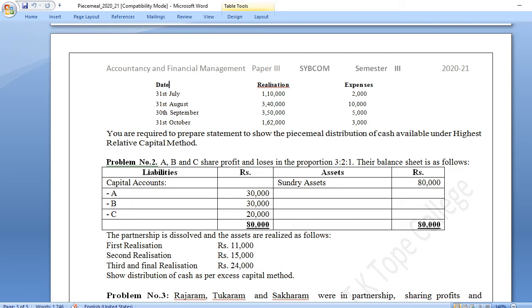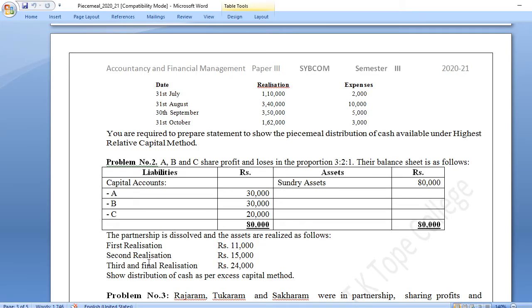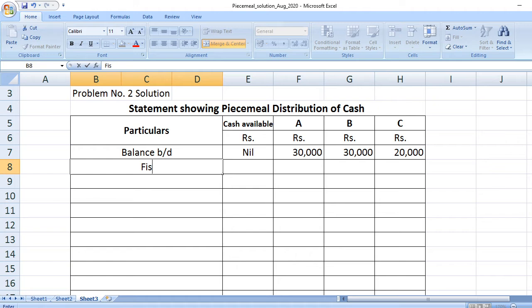This 11,000 rupees we have to put here. First, which date it was, there is no date, so we will directly put here first realization, and how much amount they received, 11,000.